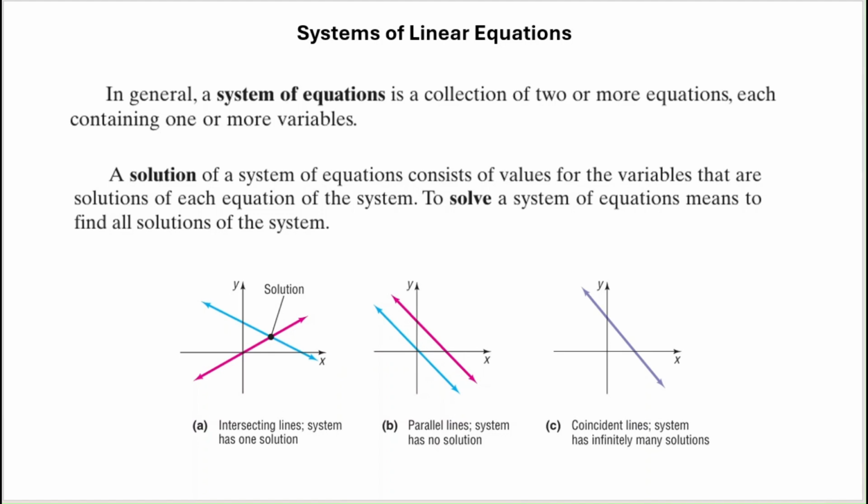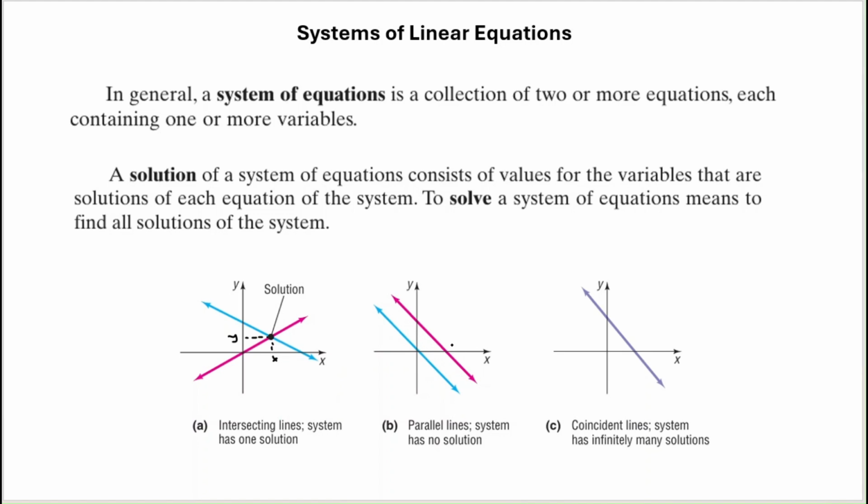If you find the x and y coordinates of that point of intersection, the values that you find are going to be the solution of the system. So the solution is just the coordinates of this point of intersection. In this case, you say that the system has one solution, the system is consistent, and the equations are independent.